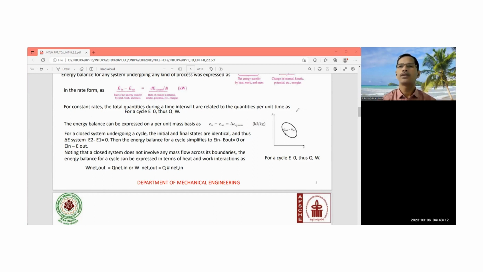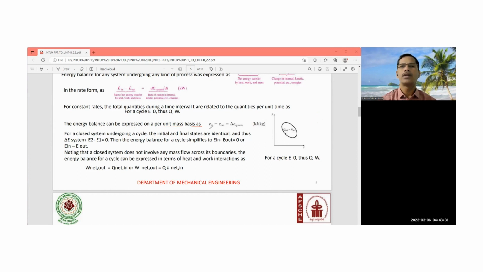Quantities per unit time means small e is equal to capital E by time, right? So that is small e here. Small e is nothing but capital E by m. That is the energy balance. This can be expressed on a unit mass basis.